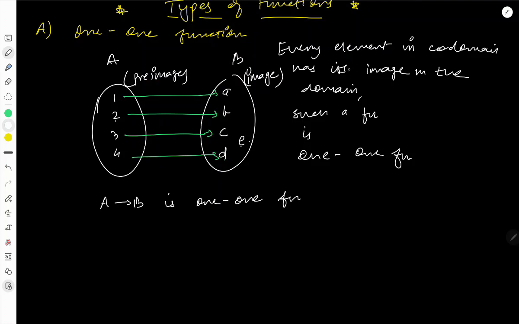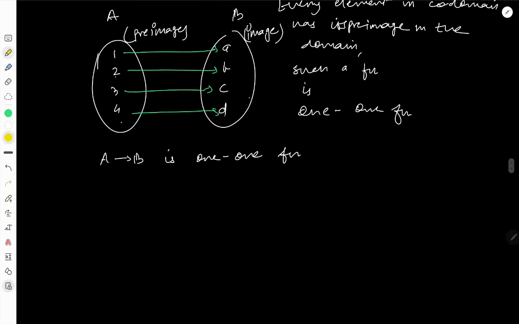So as E does not have its pre-image, it would not be one-one. So now I'm removing this. Okay, this is understood.